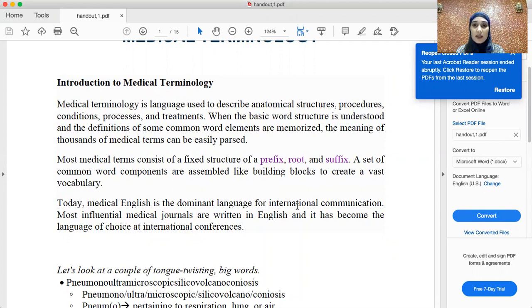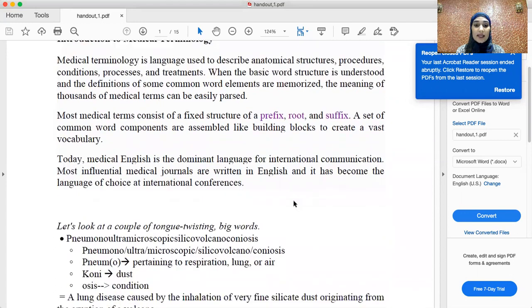Prefix, the beginning of the medical terminology; root, the middle; and suffix, the end. When you study and memorize these prefixes, roots, and suffixes, you will be able to understand many medical terminologies. Let's take an example.